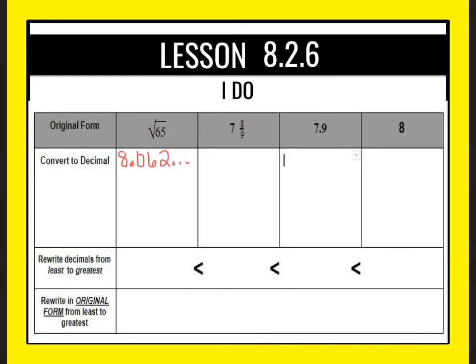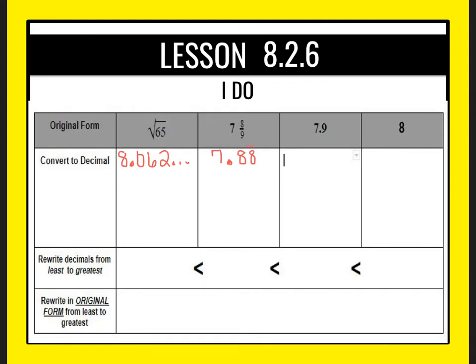Go ahead and convert everything to decimal value. Okay, so here you have 7 plus 8/9, a little bit more than 7. So I know I'm going to have 7, and you can divide 8 divided by 9 in your calculator, or you can also type in 7 plus 8 divided by 9. And when you do that, you should all get 7.8 repeating.